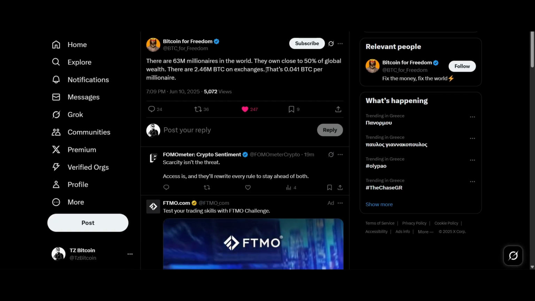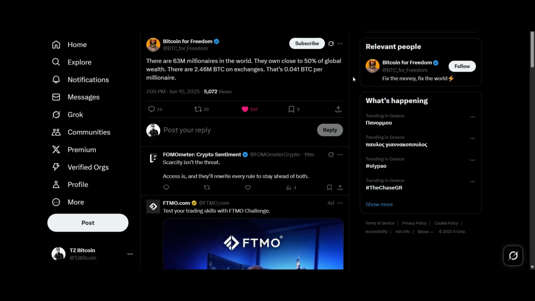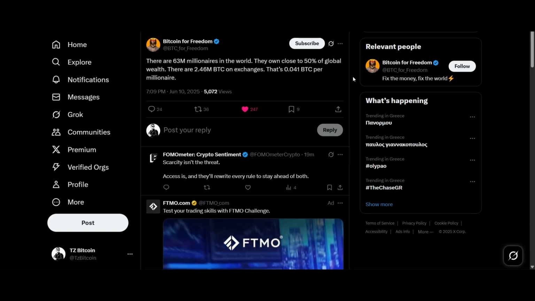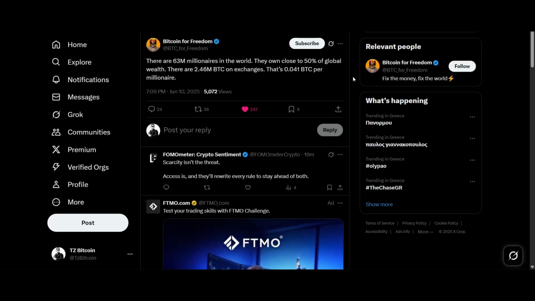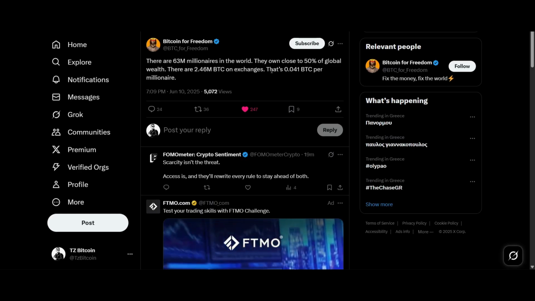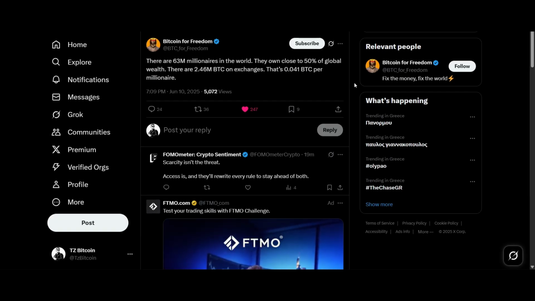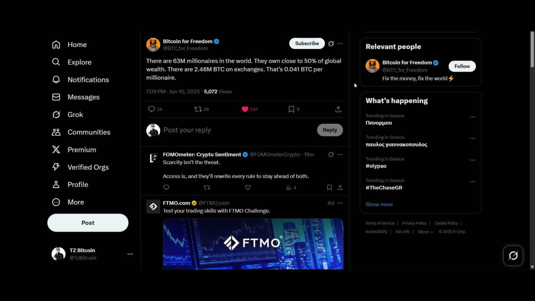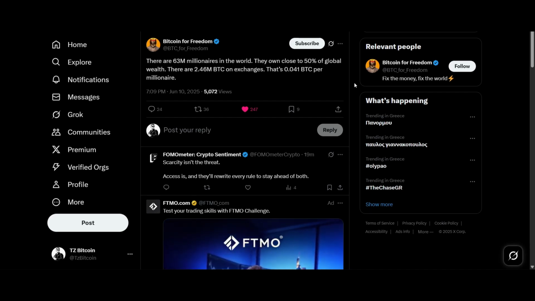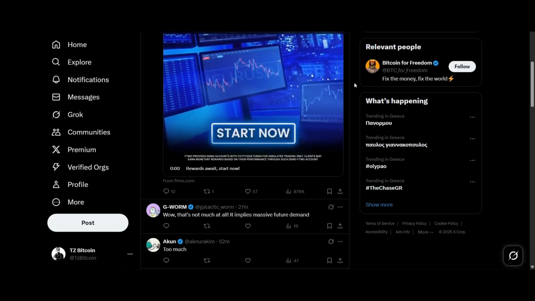But just do this math, guys. Literally, there's not so many Bitcoin left. Just do the math, and we haven't even started. We're like internet in 1999. So just buying Bitcoin right now is like being 25 years ahead of the internet.